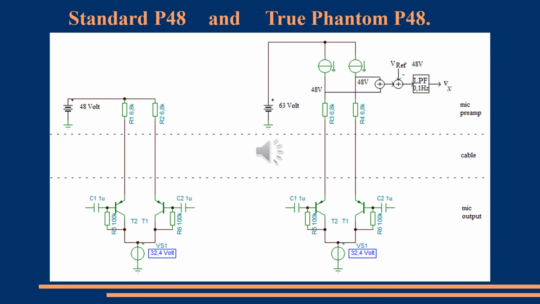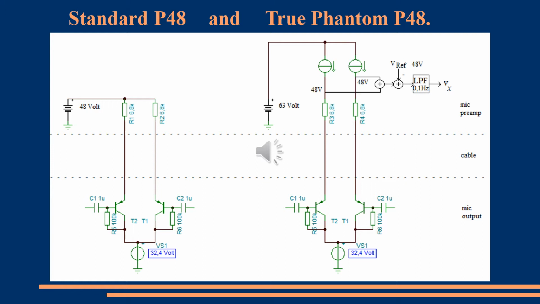These are two schematics of phantom powering. The left one is the standard and the right one is the true phantom powering. At the left side you see at the bottom the output of the two emitter followers in the microphone.